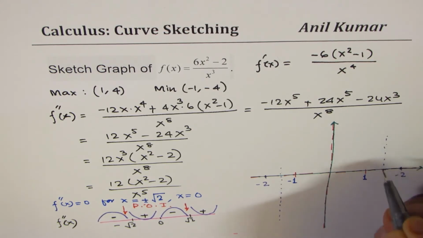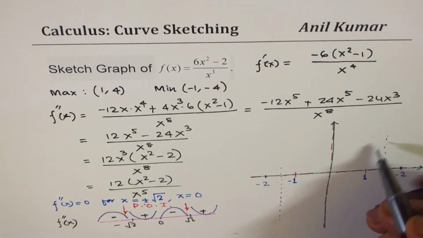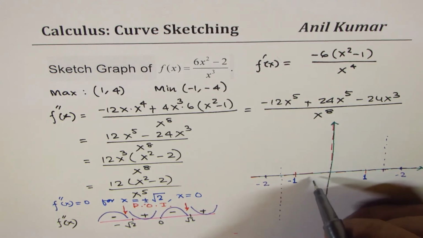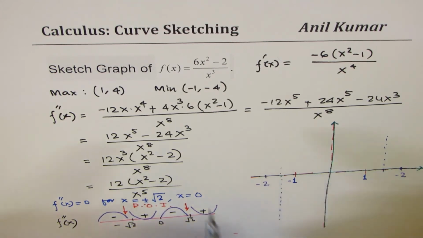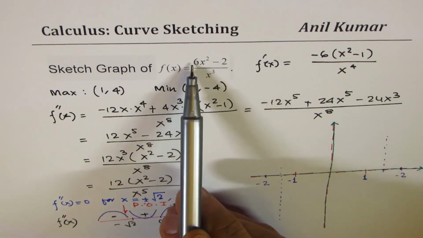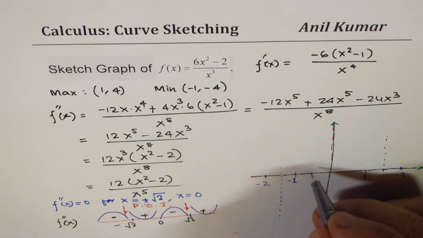Okay, we are looking for the point of inflection, right? So we have maximum, minimum and maximum, and now let's recall what is the x-intercept. The x-intercept was when the numerator is 0, which is square root of 1 by 3, which is kind of 0.5.